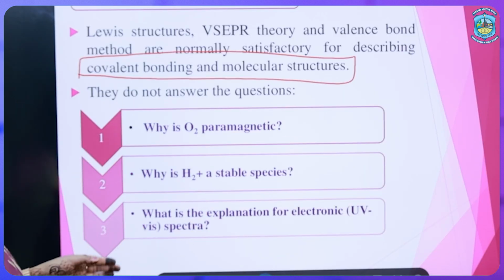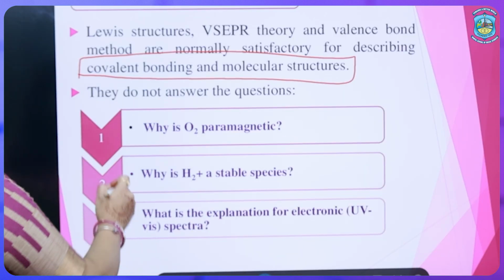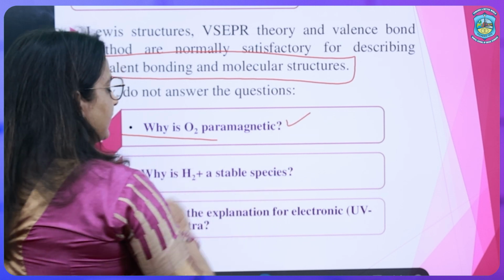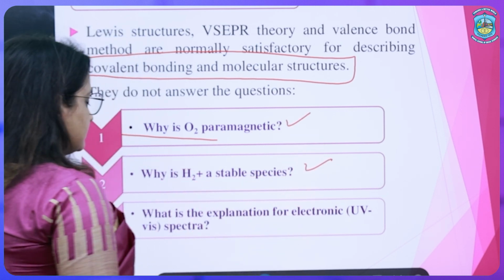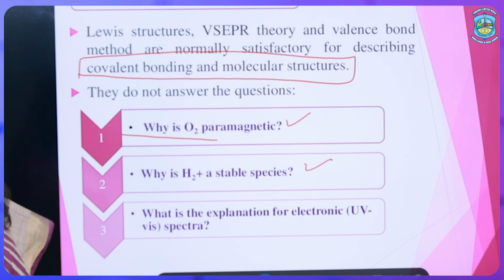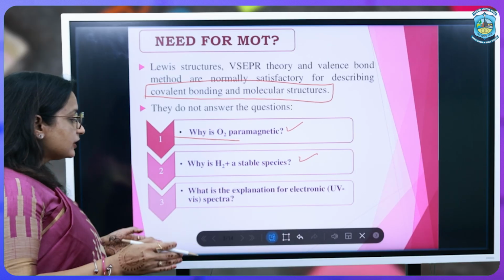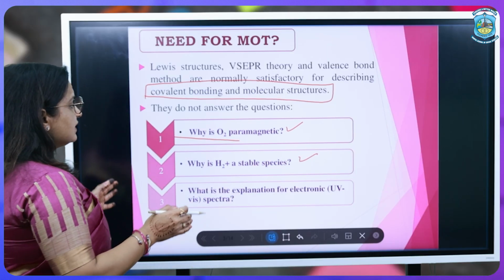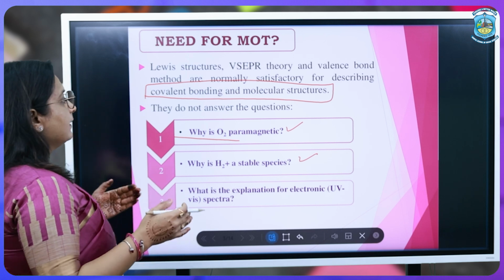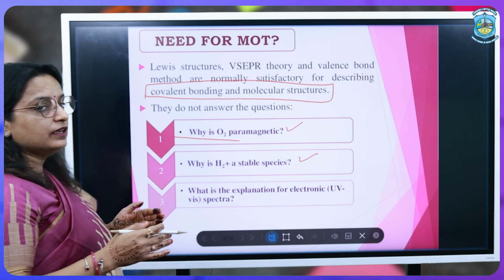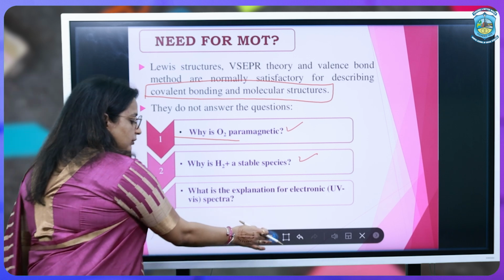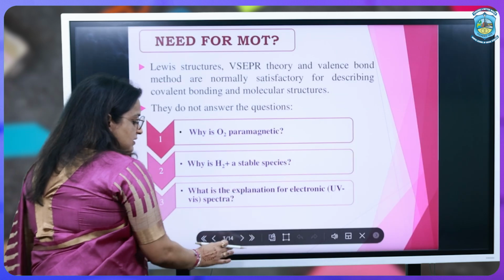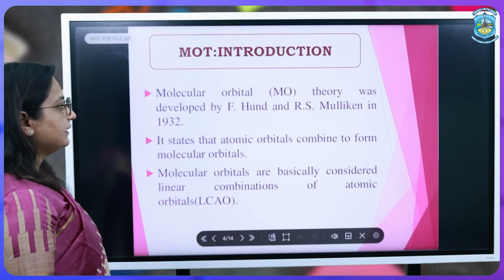So they were not able to answer questions like why O2 is paramagnetic in nature, or why H2 positive is a stable species, or what is the explanation of electronic spectra. These were some questions left unanswered by VSEPR, valence bond, and Lewis structure. So there was a need of a new bonding theory, and this is molecular orbital theory.